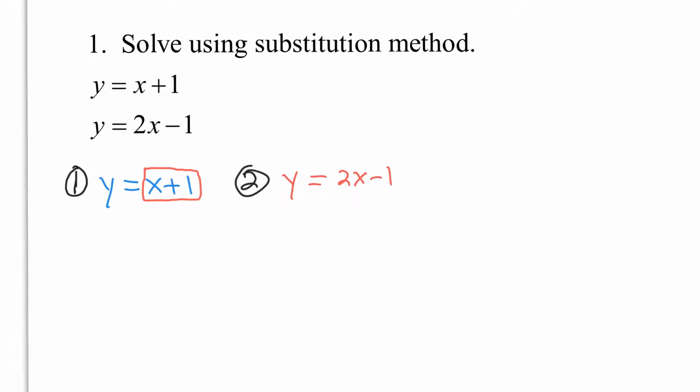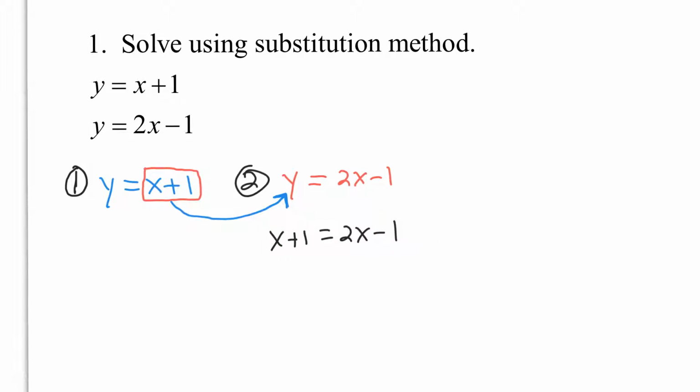So I'm going to substitute this expression into the y right there. That's what we do. So I have x plus 1 equals 2x minus 1. So notice what happened. The y became x plus 1. On the right side, I just rewrote 2x minus 1. So now we're ready to solve this equation.